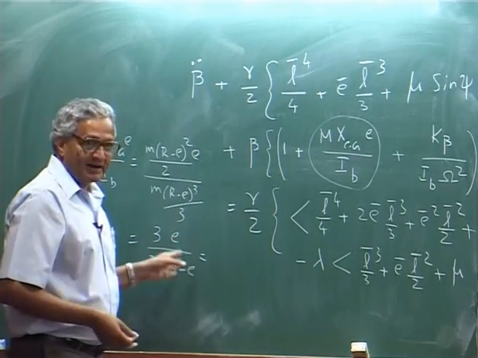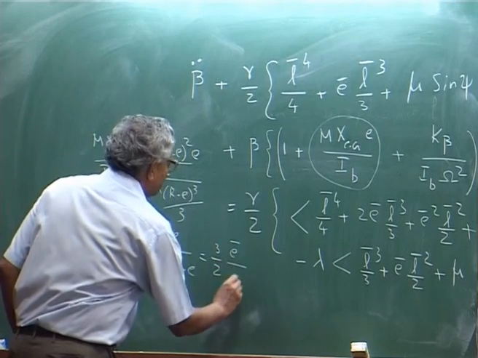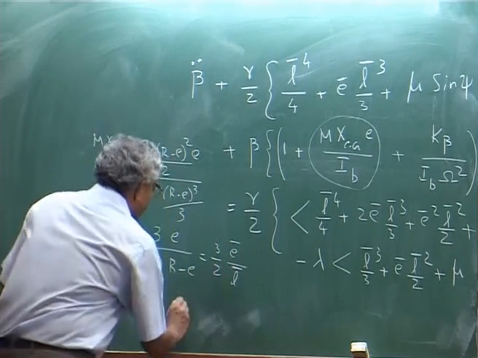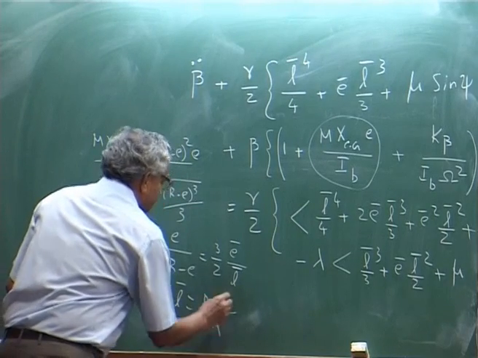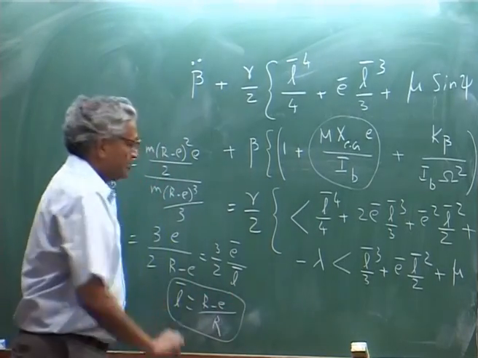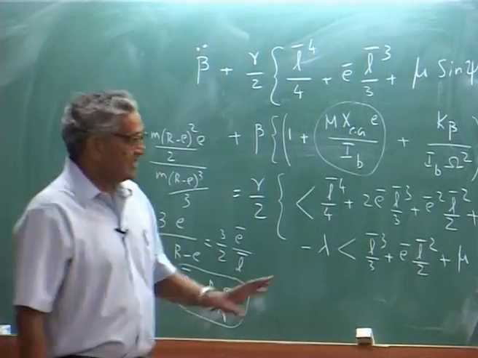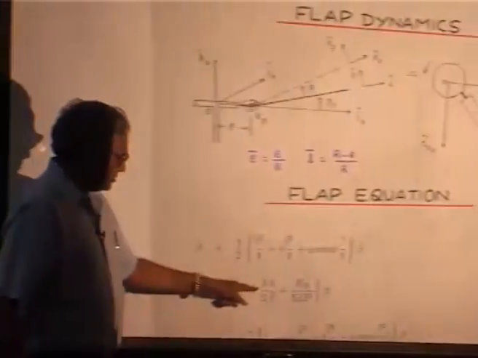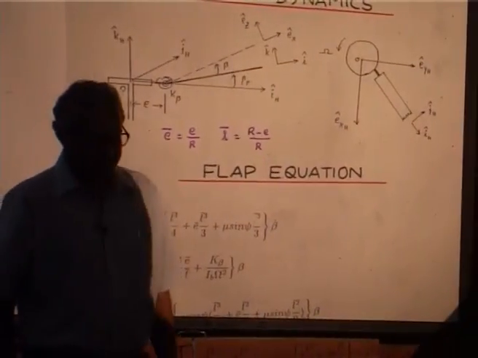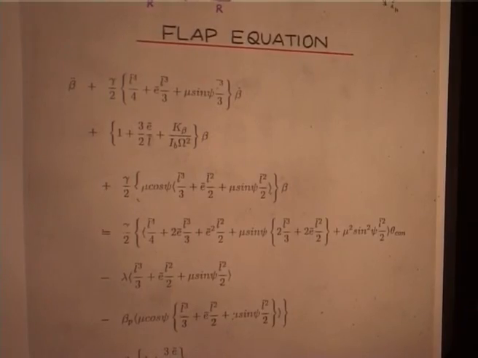If you divide by r everywhere, this will be 3 over 2 E bar over L bar, where L bar is r minus e over r. If m is constant, that is what I have written here, 3 over 2 E bar by L bar. In this place I have assumed that the blade is uniform.